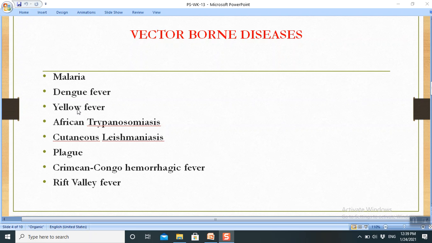Similarly, Rift Valley fever is a viral disease affecting domesticated animals and humans. In Rift Valley fever, it is both in humans and animals. It is due to mosquitoes and the biting of insects, and these diseases commonly happen in eastern and southern Africa, where cattle and sheep are raised.